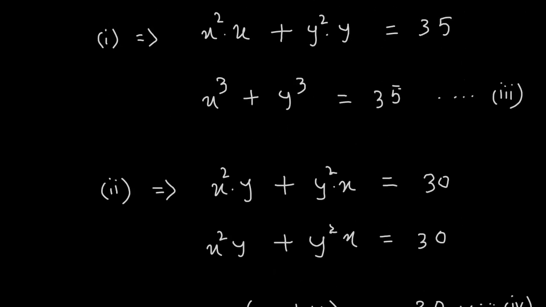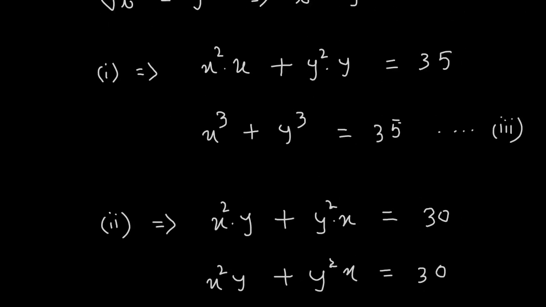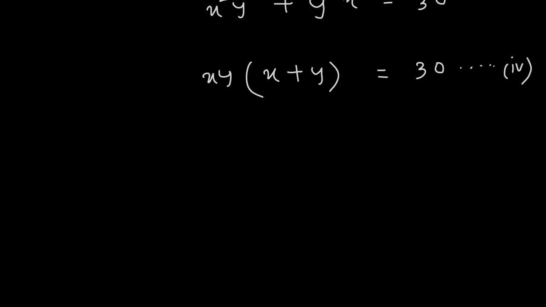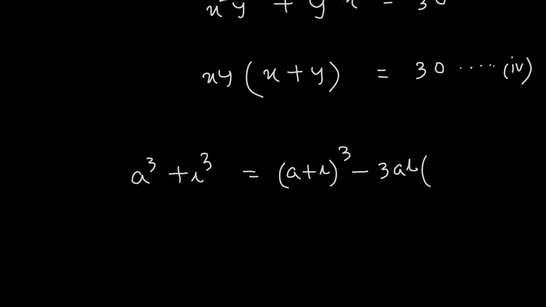From equation number 3, we can apply a formula. We know a cube plus b cube equals a plus b whole cube minus 3ab times a plus b.